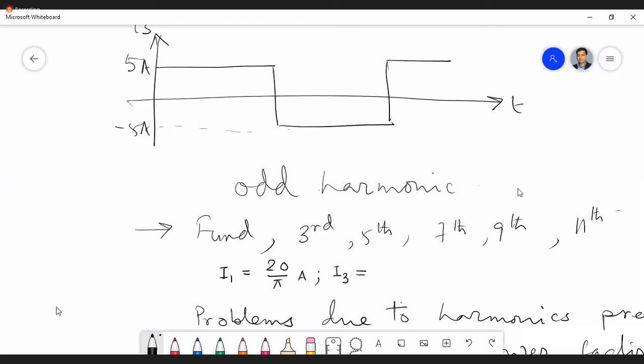20 by 3 pi. Yes, sir. Okay, now the fifth one. So 20 by 5 pi. So this way you will get the different harmonics up to infinite.